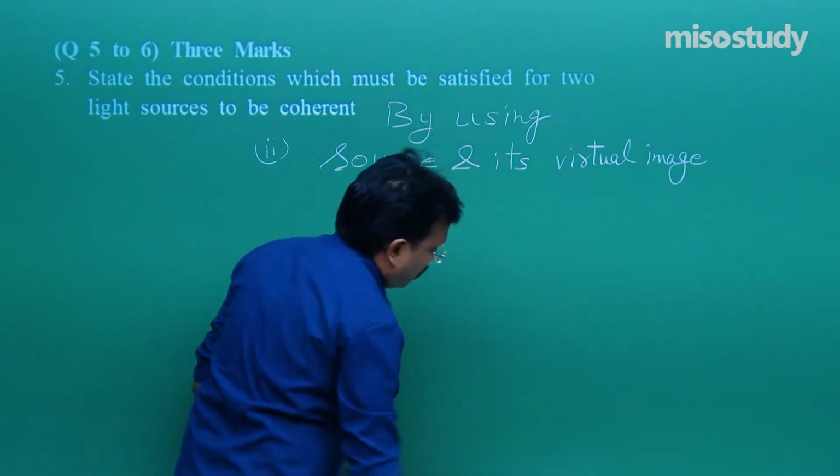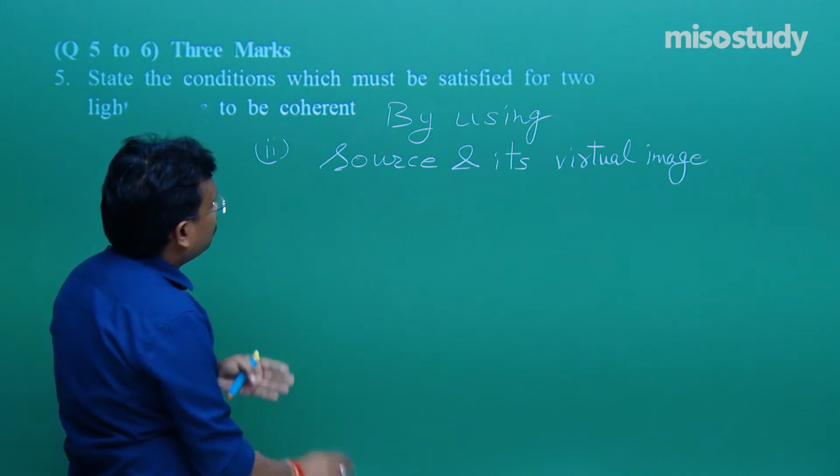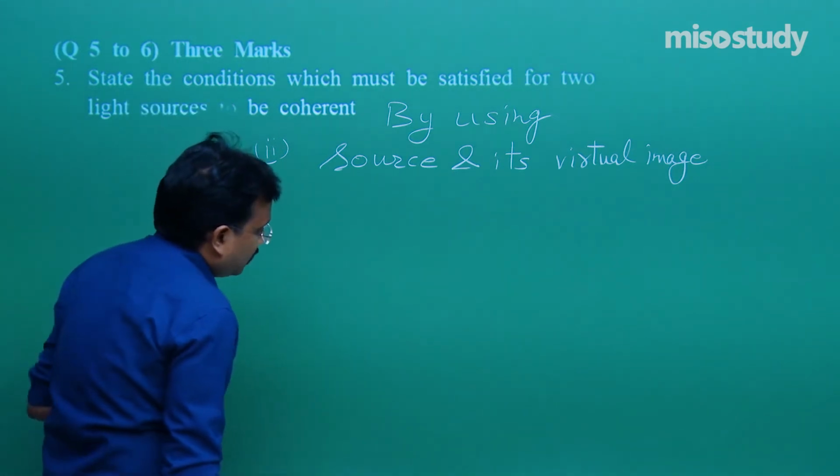This is also a method to achieve this, two virtual images of the same source. Fine, source and its virtual images.